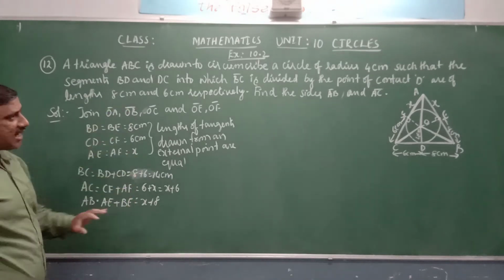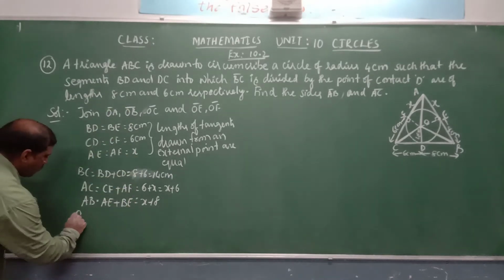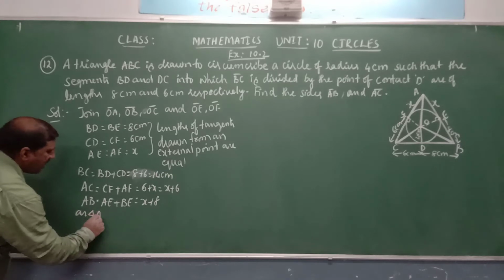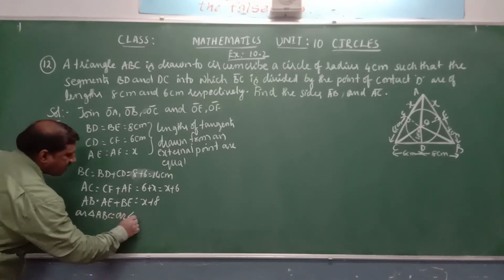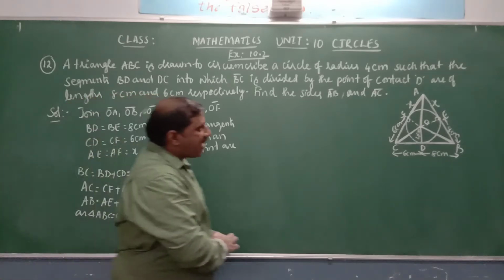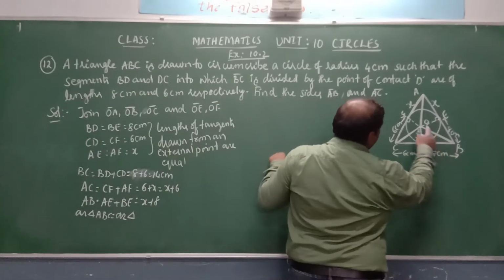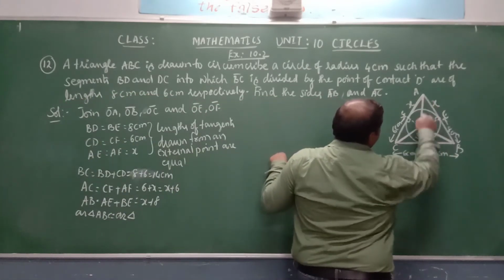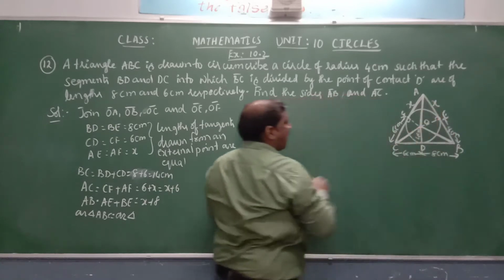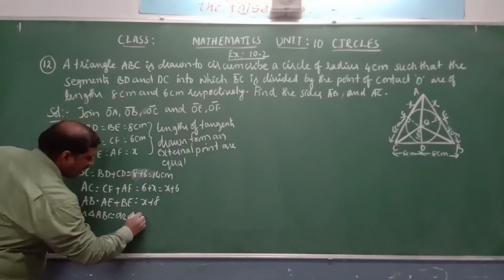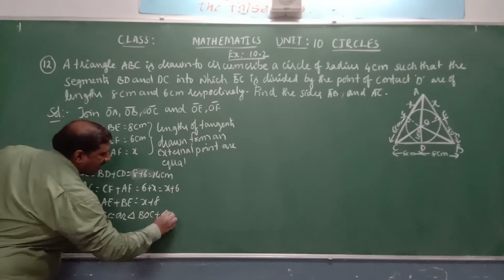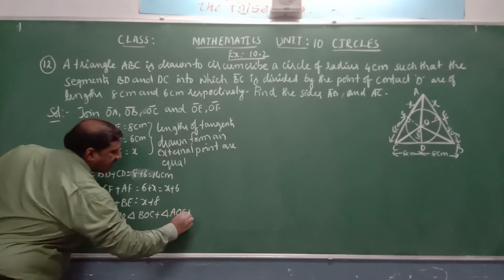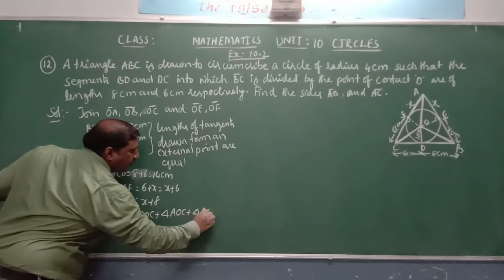Now the area of triangle ABC is equal to the area of triangle BOC plus triangle AOC plus triangle AOB.